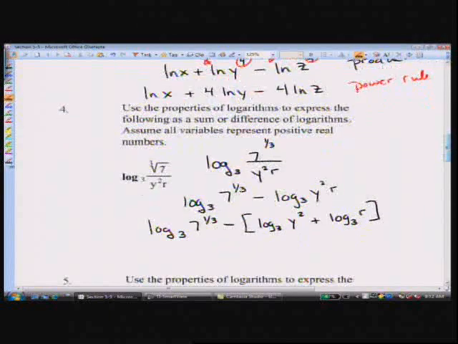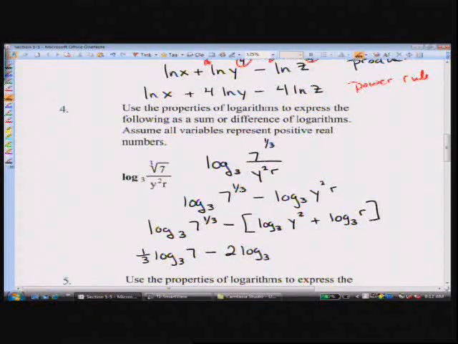And now I'll use the power rule. So I will have 1/3 log base 3 of 7 minus 2 log base 3 y. And I'm going to distribute that negative through, and I get minus log base 3 r.